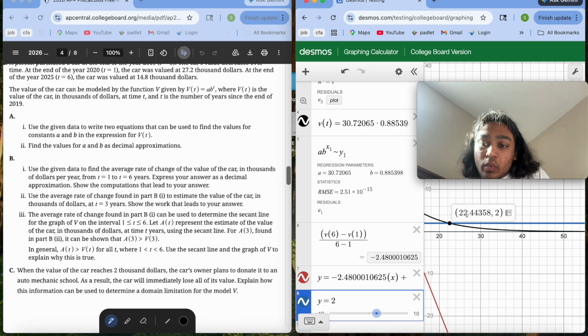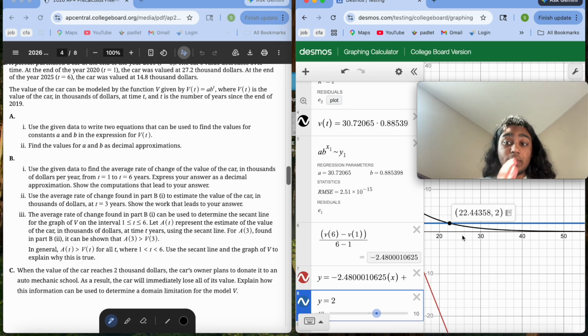And that's going to happen after 22.4 years. So after 22.4 years, we're just going to lose all of our value and the car's not going to be worth anything anymore. What that means is after 22.4, so we'll call that 23 years. We'll round up because you can't, yeah. After 23 years, the car will lose all its value, so we won't need to keep doing the domain.